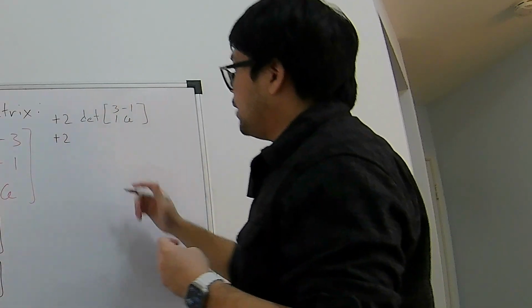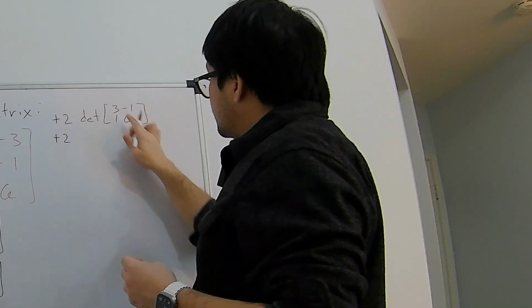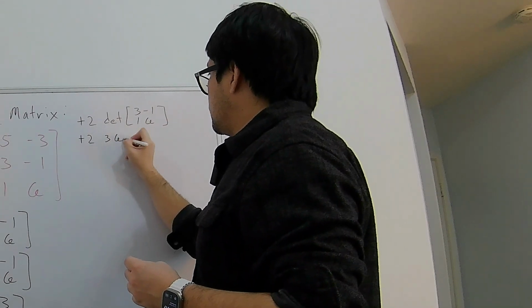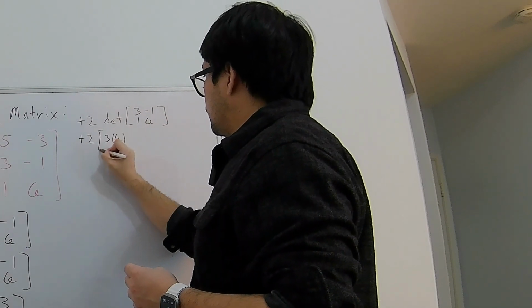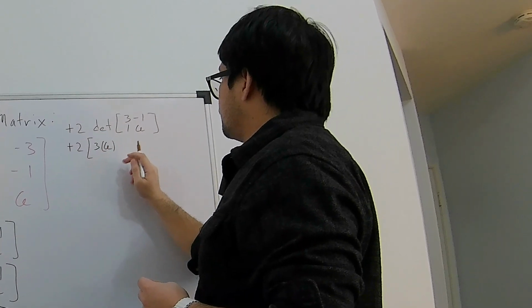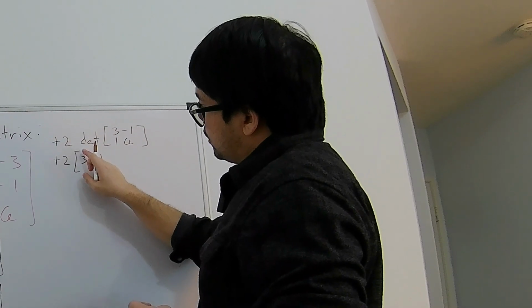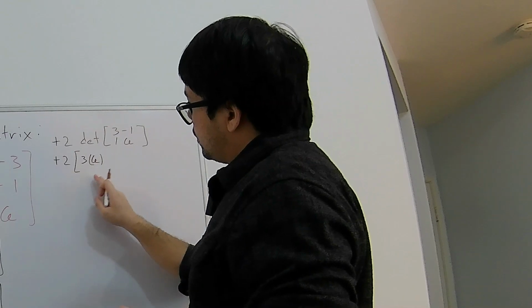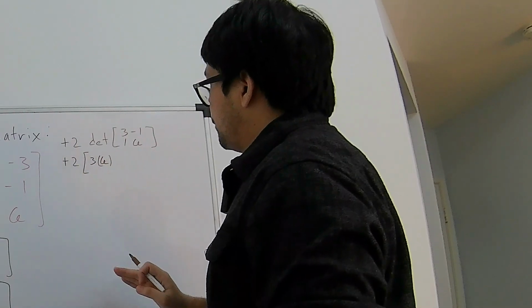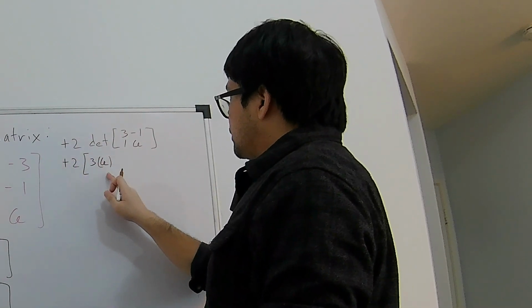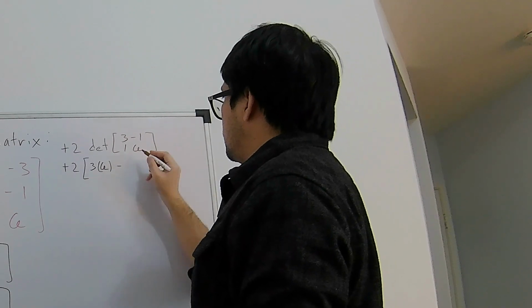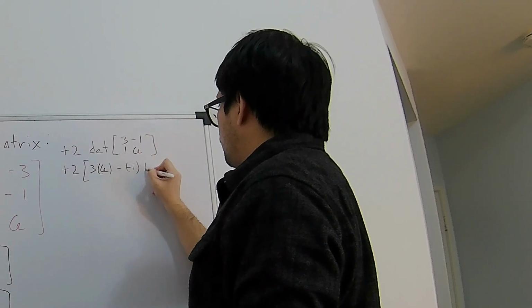Take the determinant of that one. So 3 times 6. I like to put square brackets here just to differentiate. This is still a matrix thing that we're doing. 3 times 6 minus -1 times 1.